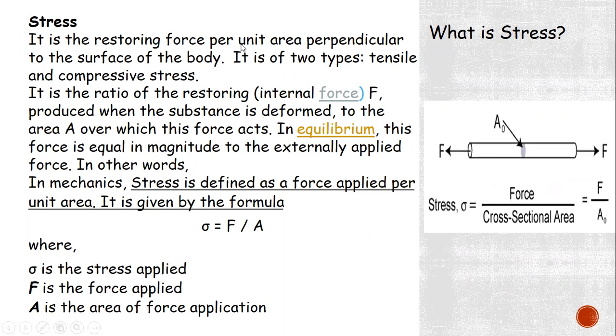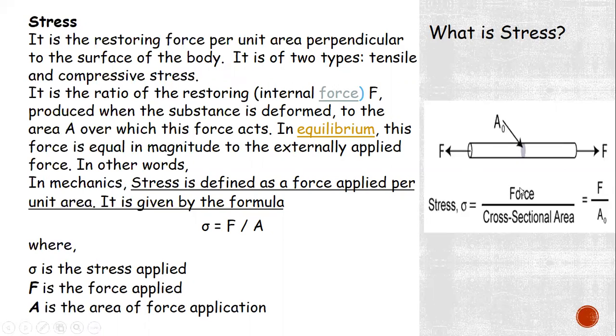Now, stress is the restoring force per unit area perpendicular to the surface of the body. Whenever a force is applied to this material, a force is developed that is equal in magnitude to the applied force, so that whenever the applied force is removed, the thing comes back to its original shape.